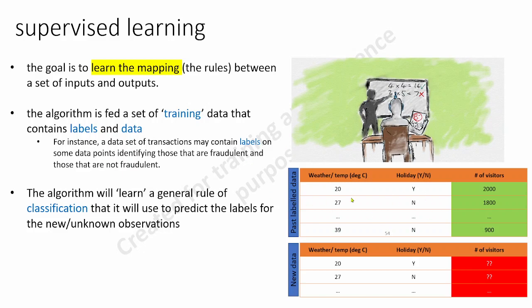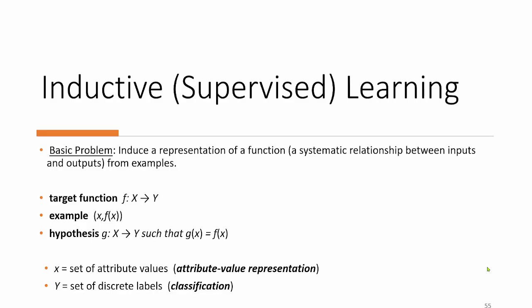Some more examples here. Let's say the weather, temperature, and the number of visitors. The output here is the number of visitors. Now, given a particular day with some inputs, you can predict how many visitors you can expect. That's the purpose of supervised learning.